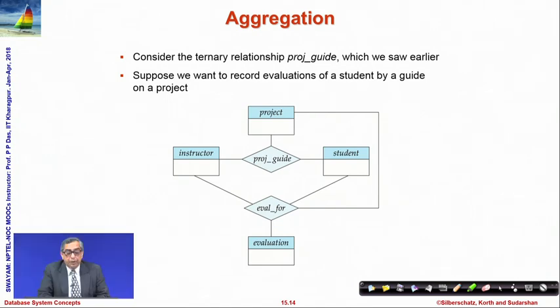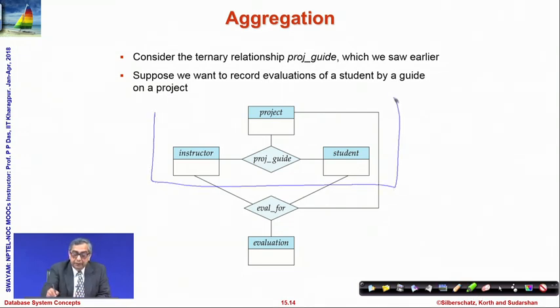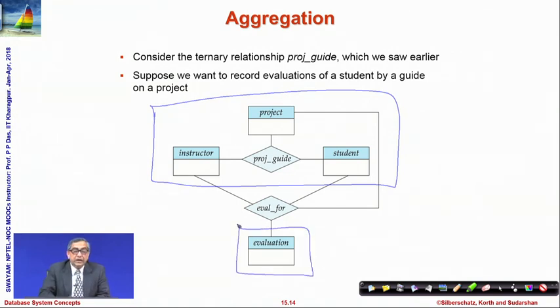Moving on, let us talk about another feature which is known as aggregation. The situation is like this. We have already talked about this part of the diagram, which is a ternary relationship which relates project, instructor and student. Now, let us say once the project progresses, you would need to add evaluation to that. So, here there is another entity set which represents evaluation, and how you are grading or putting marks and so on.